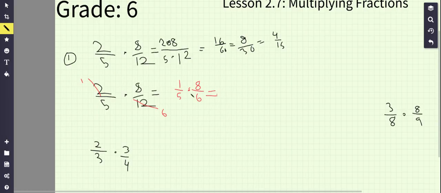Here we just multiply. Here we don't have any GCF. A GCF of 1, we can't cross cancel. We get 8/30. And again, we see that these are the same fractions, so we just convert this into 4/15.